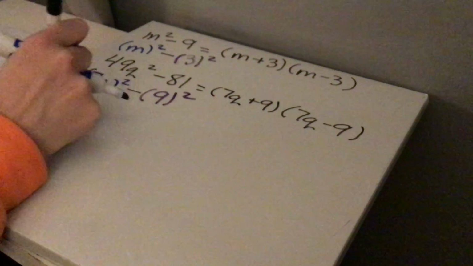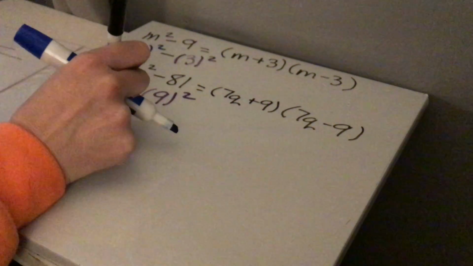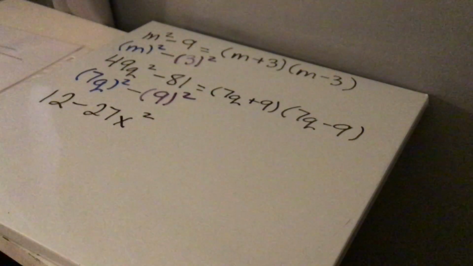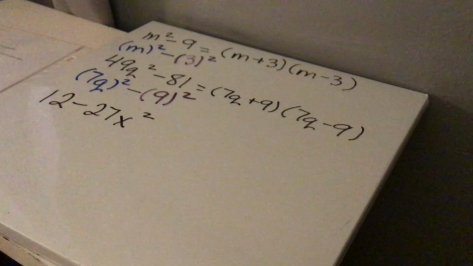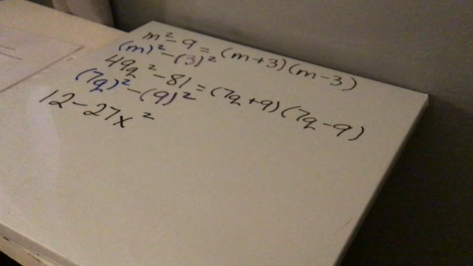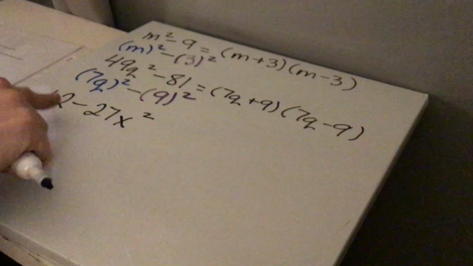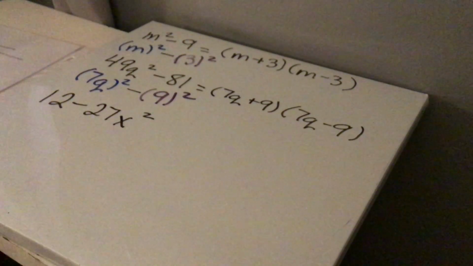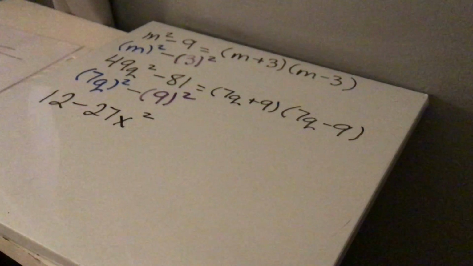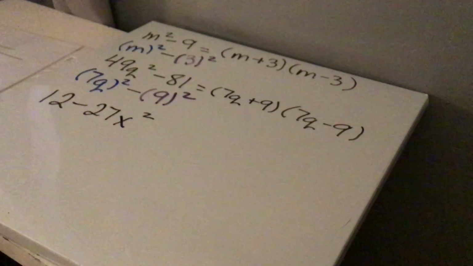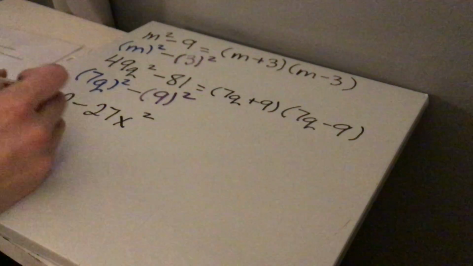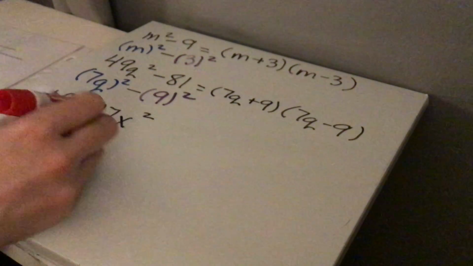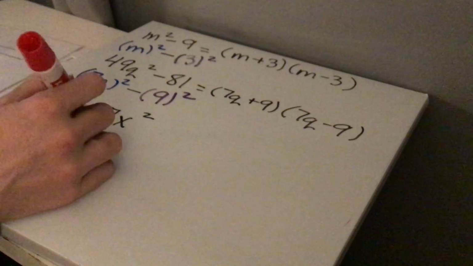Then if I have something like 12 minus 27x squared, I want to think it's a difference of two squares because it's two terms and it's subtraction, but 12 is not something squared. Not a whole number squared. So what I need to do is see if I can factor out a common term.